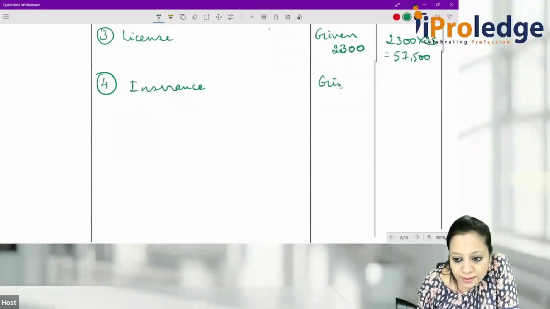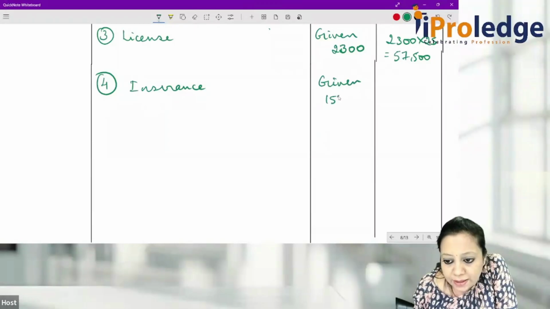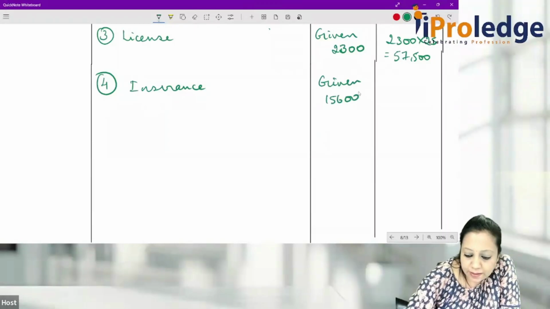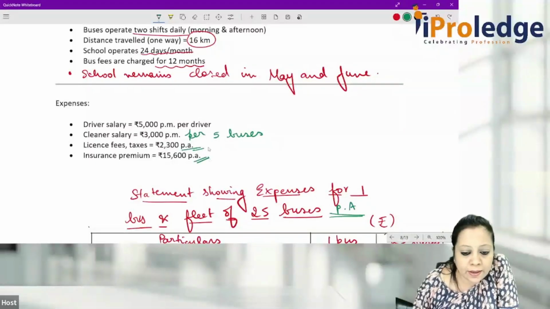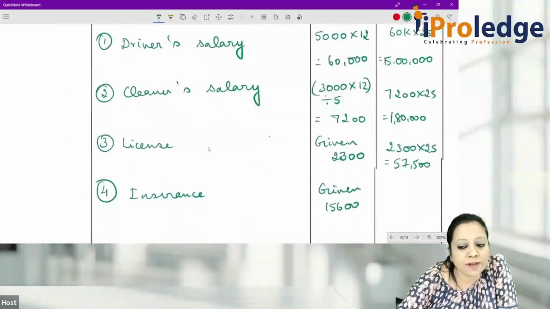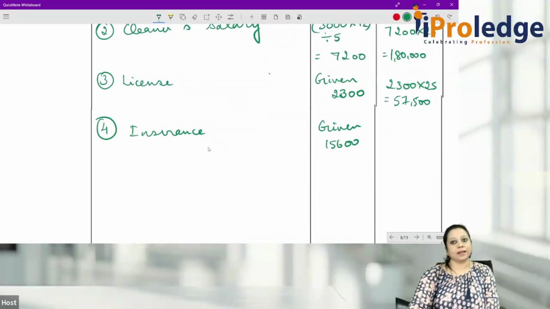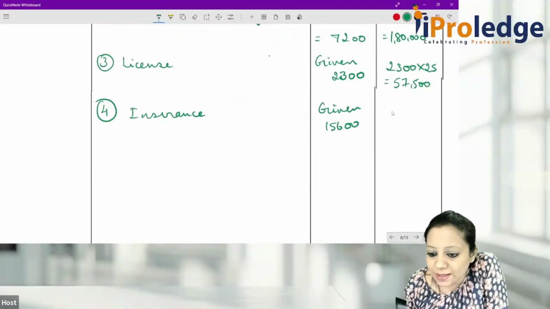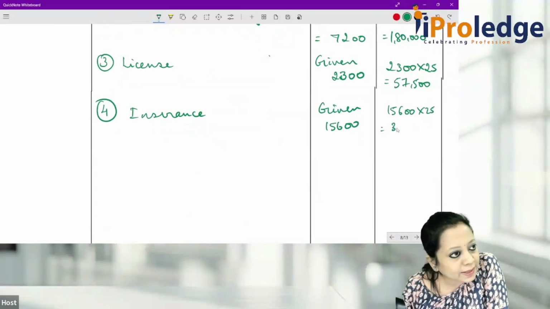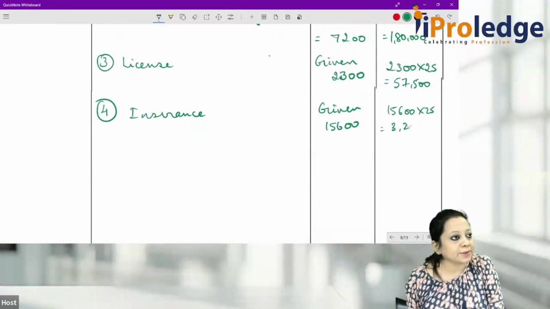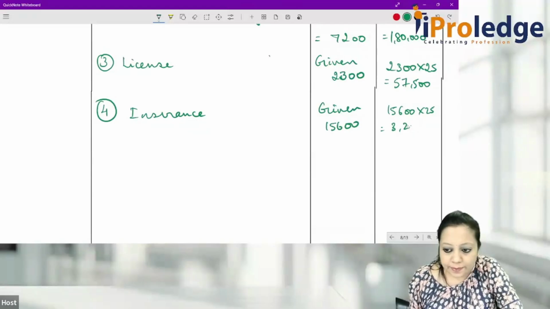That is also given to us. That is 15,600. Unless otherwise mentioned, we will take it as per bus, obviously. So 15,600 into 25 is 3,90,000. Thank you.